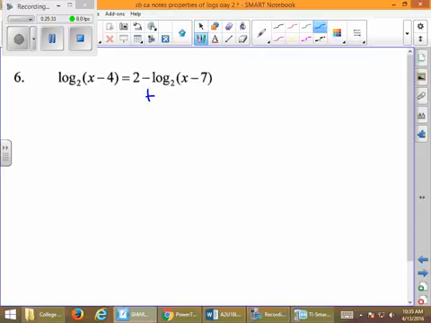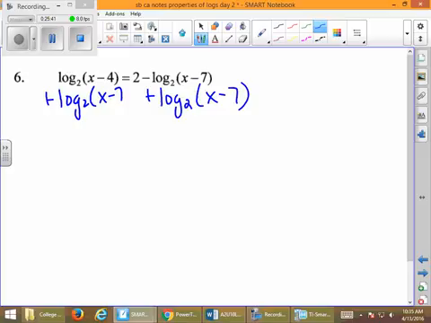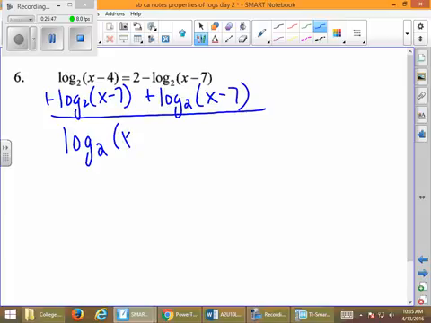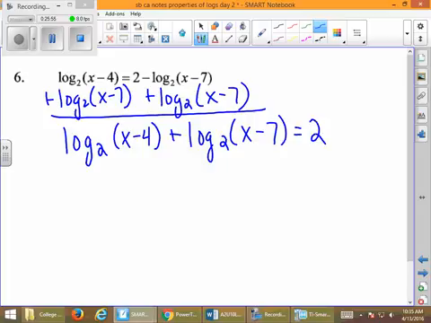So let's add log base 2 of x minus 7 to both sides. And we've got log base 2 of x minus 4 plus log base 2 of x minus 7 equals 2.